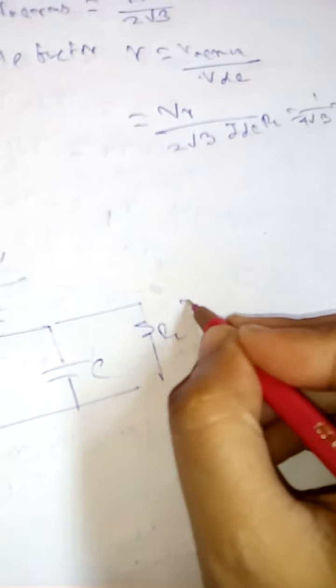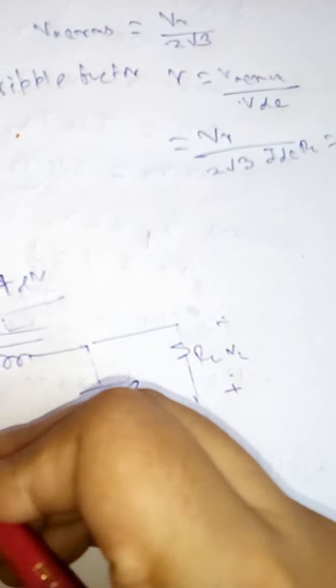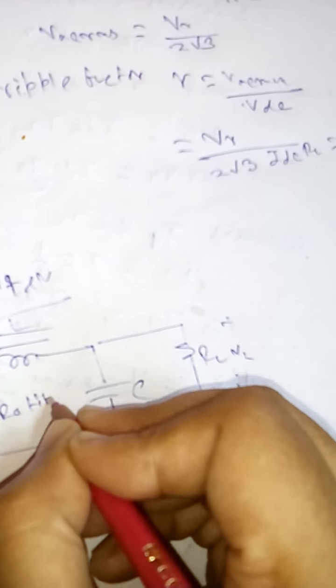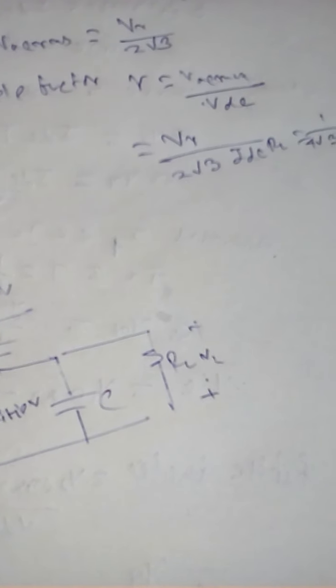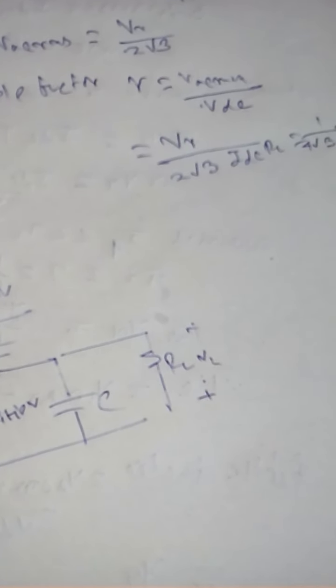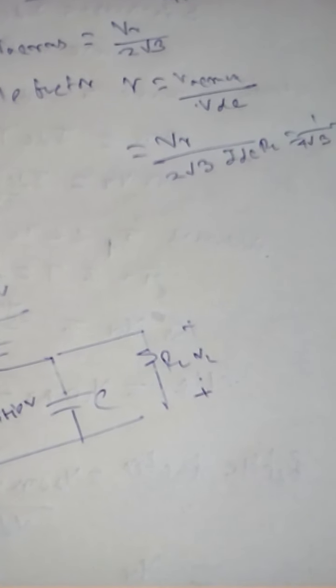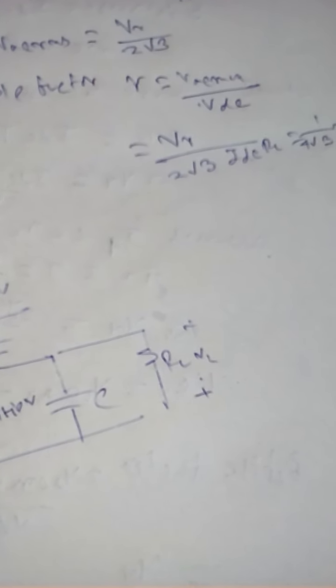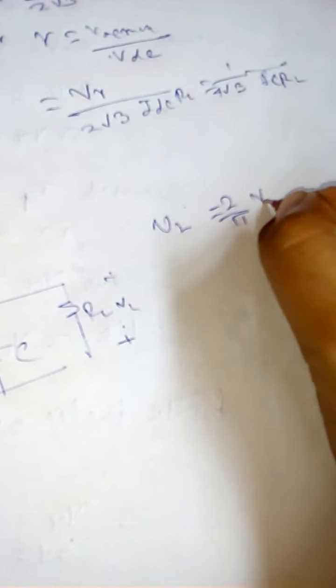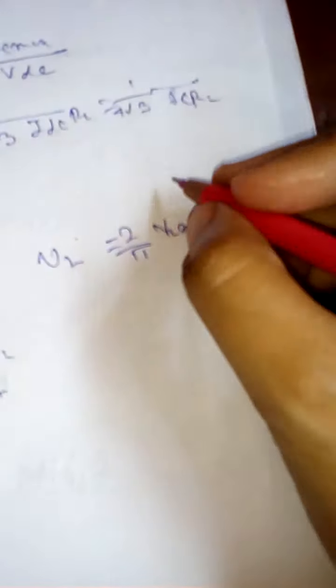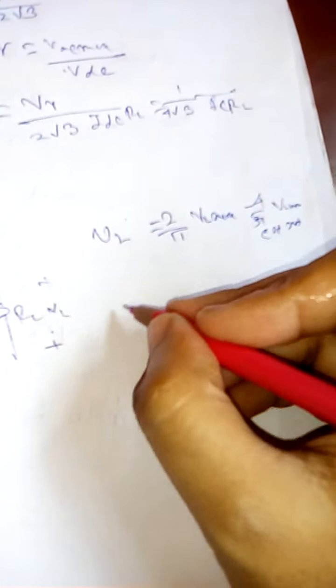Here we take the output VL supplied from the rectifier. With the same L and C condition, for the regulation, with the inductor and capacitor we know there is a high capacitance value, so VL is given by twice by pi VL max minus 4 by 3 pi VL max cos 2 omega t, neglecting the higher terms.